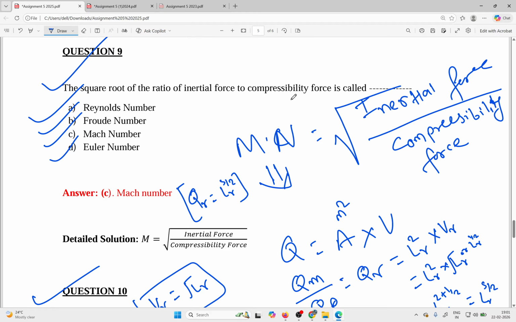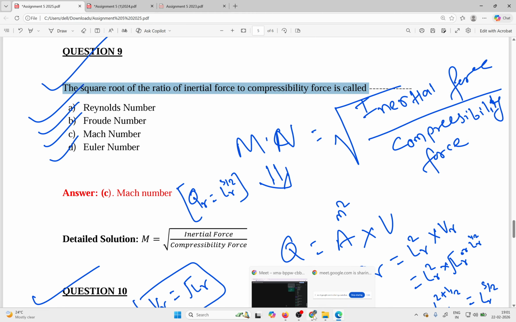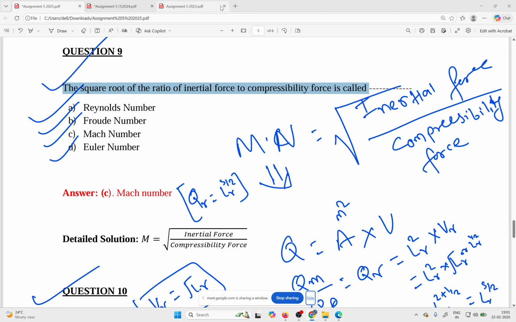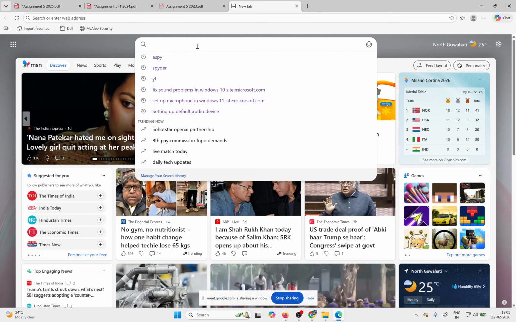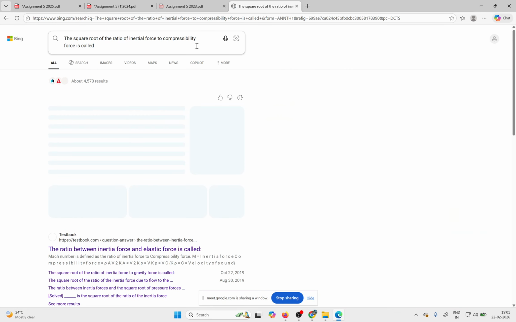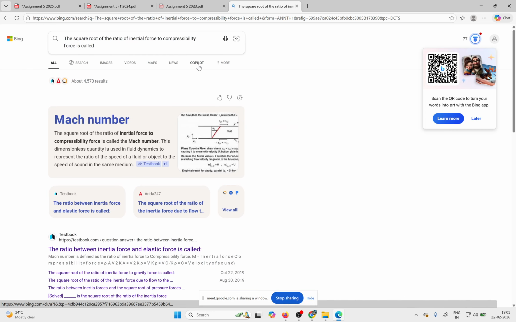Let me verify on Google. This is the Mach number.